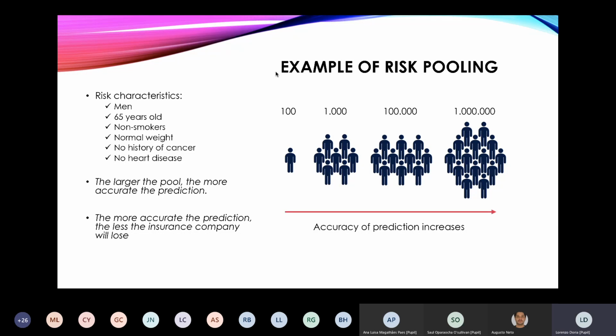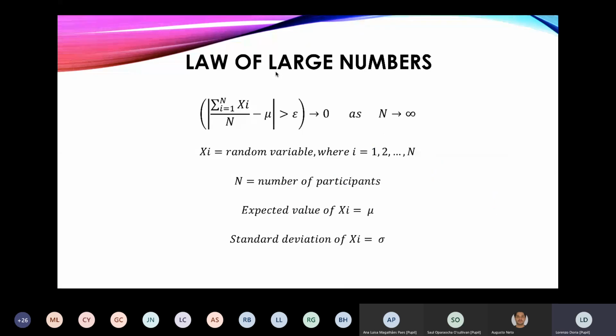Assuming that these people have the same general risk characteristics, so for example, if they're all men, 65 years old, non-smokers, they have a normal weight, and with no evidence or history of cancer and no heart diseases, if they're tracked through a period of time, what will happen is that the percentage of men that die in the sample of a million men will be more accurate than the percentage of men that die in the 100-man sample relative to their risk. And the reason why this happens is due to the law of large numbers.